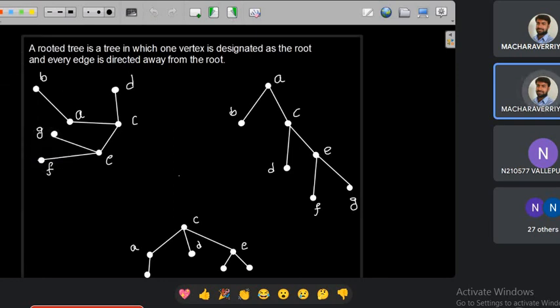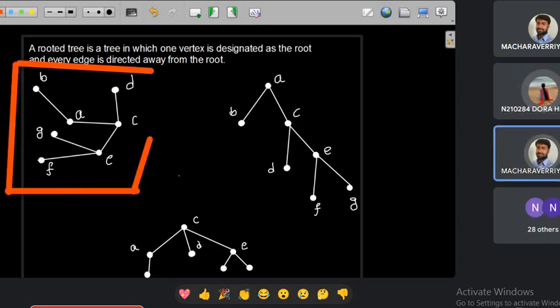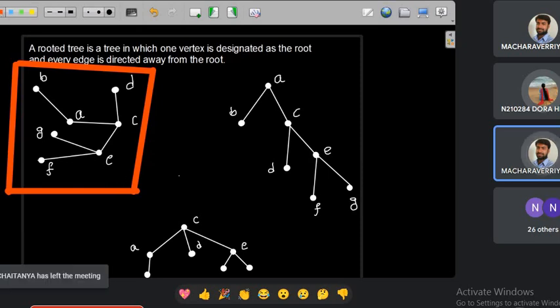Let's assume that initially you have some graph like this. This is some random graph I'm taking. Now I'll pick up one of these vertices.